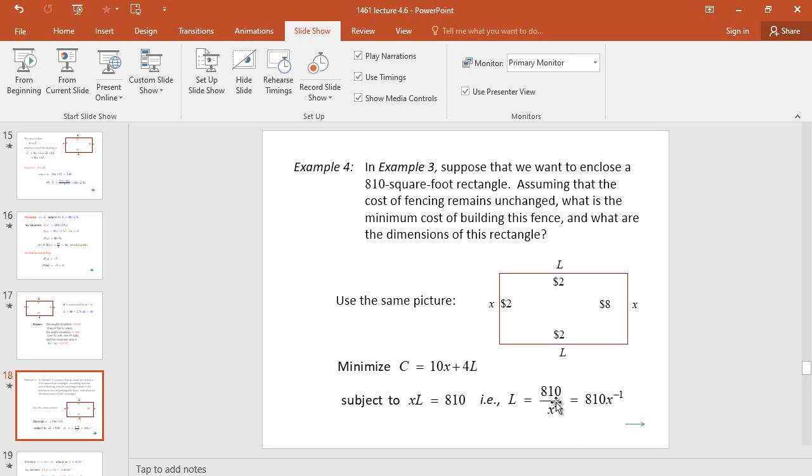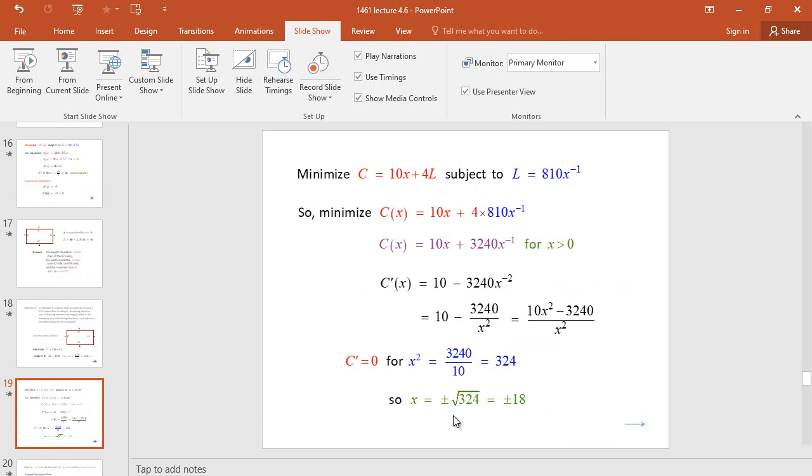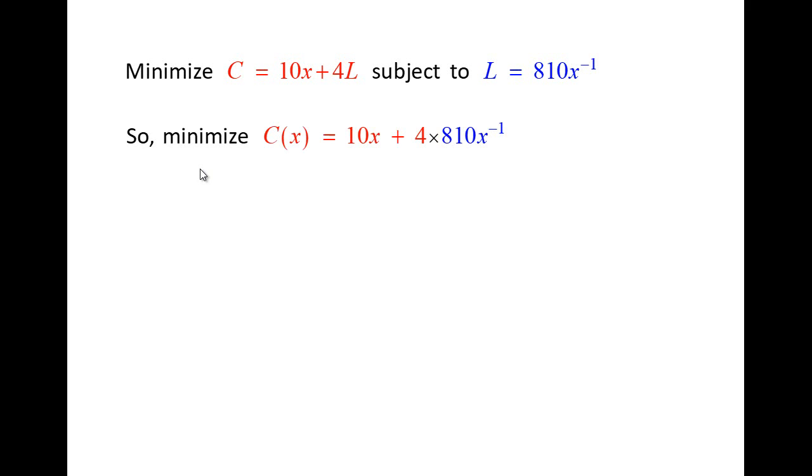But we can take x to be whatever positive value we want, and then we will pick l equal to this fraction, and this requirement will still be satisfied. So x could be anything.